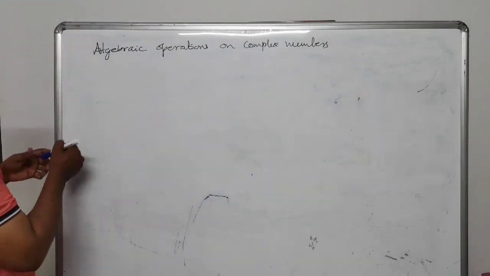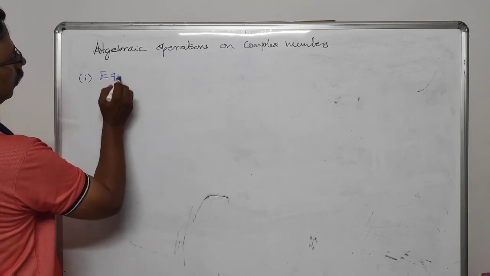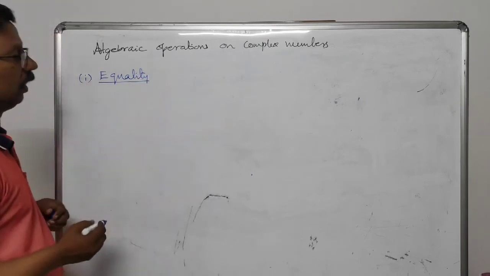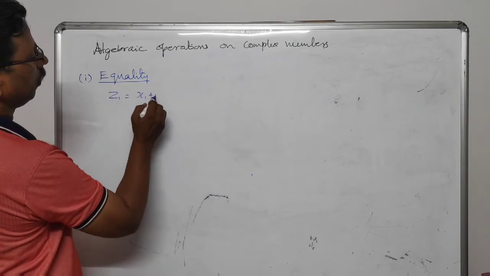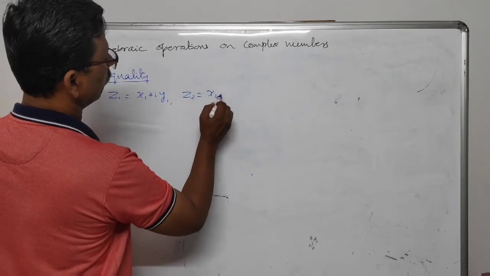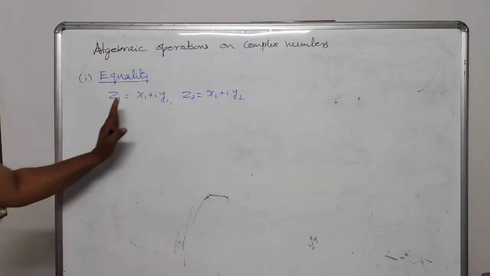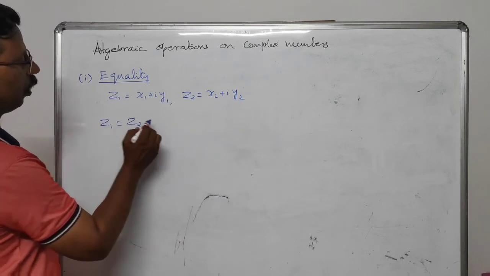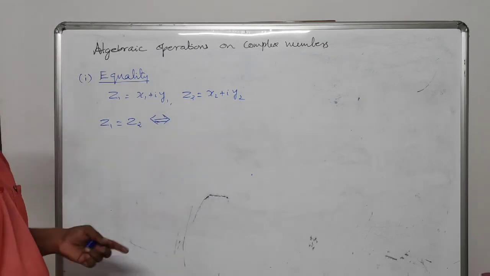The first one: the equality of two complex numbers. Let us assume two complex numbers, z1 equal to x1 plus iy1, and z2 equal to x2 plus iy2. These two complex numbers are said to be equal, z1 equal to z2, if and only if their corresponding real parts and imaginary parts are equal.